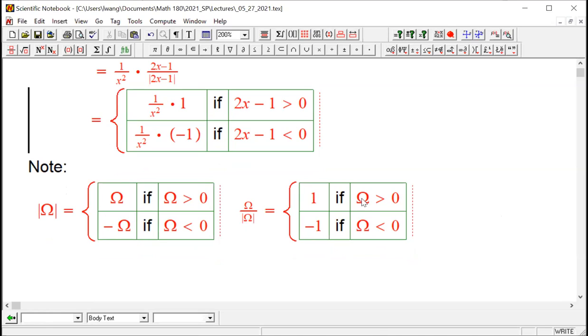That's what I wanted to show you. And here is going to be x larger than half. And over here is going to be x less than half. So we use this piece for that. Got it?